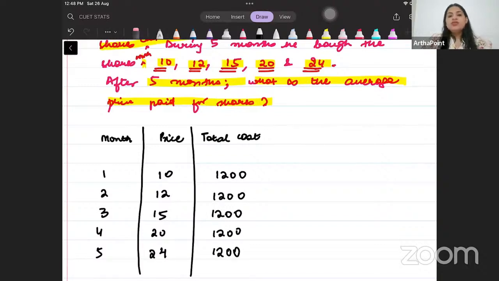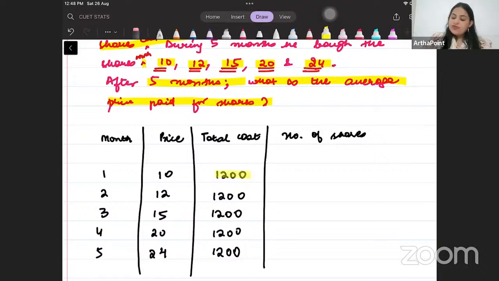You have always spent 1200. This is consistent. So can you tell me what will be the number of the shares? Bhai, I have spent 1200 and each share cost me 10. So beta, the number of shares I would have bought will be 1200 divided by 10, means 120.